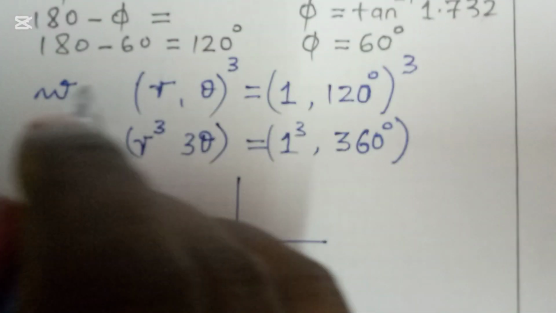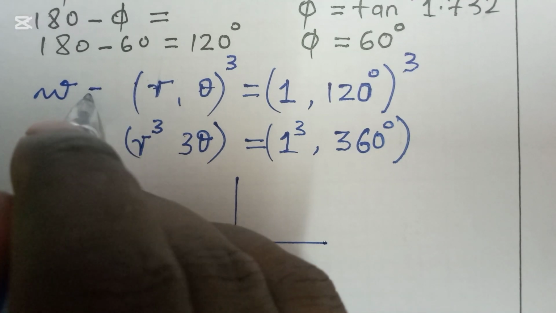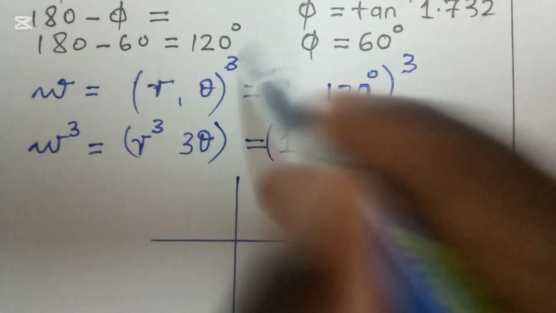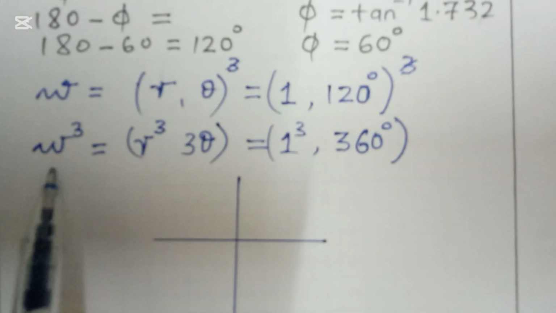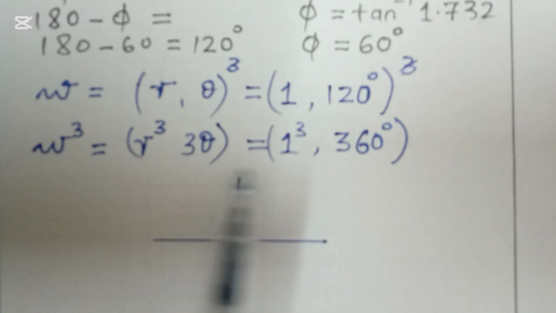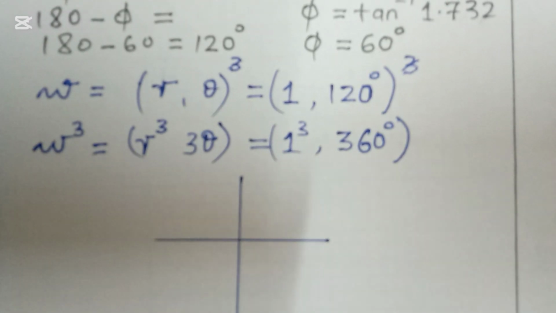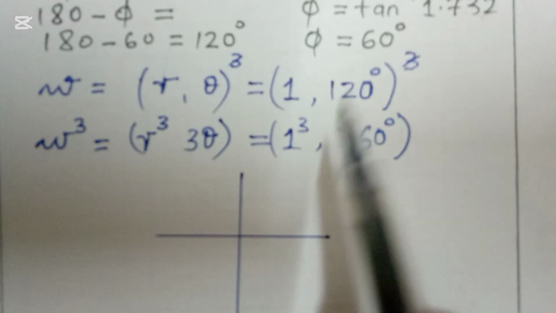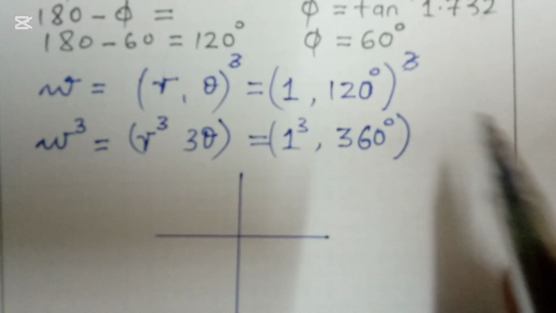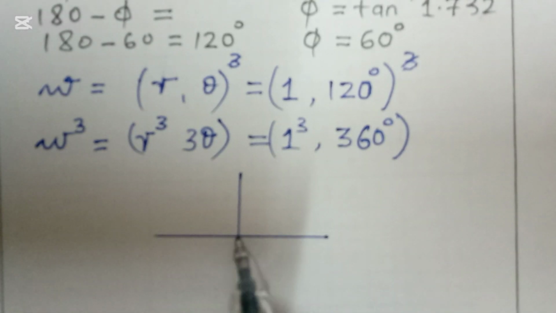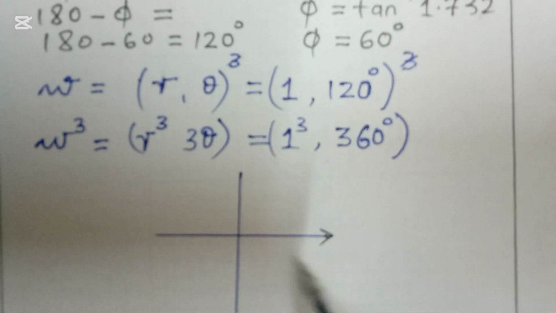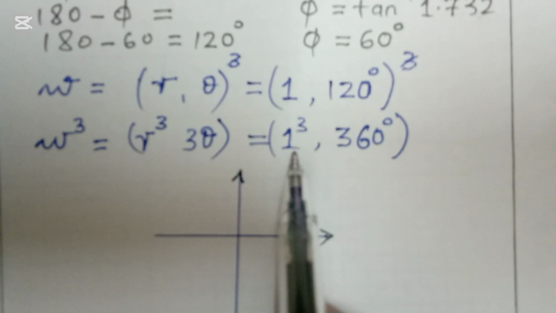Before it is cubed, it is w. So we are saying w cubed gives us that. And so therefore, if we come and now draw that, we shall have 1 cubed, that is on this side. This is our radius.